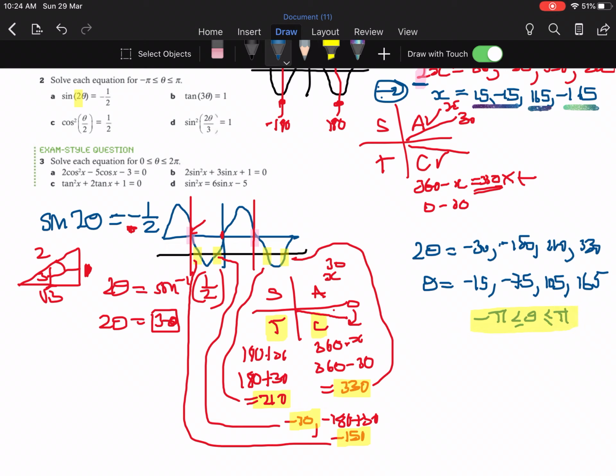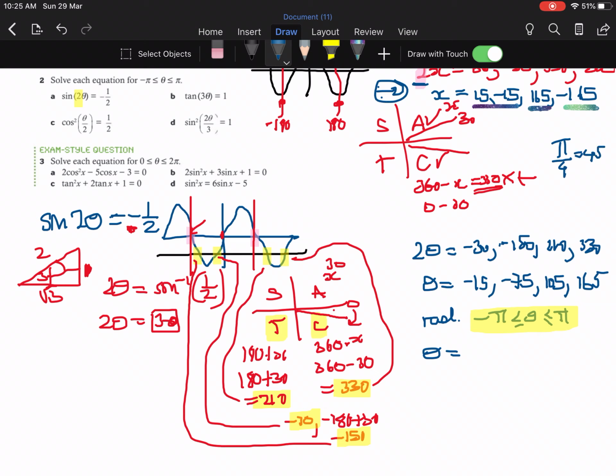However, if my range is in radians, which it is, then I need to give my answer in radians. So how do you write 15 in radians without a calculator? Well, you should know that pi by 4 is equal to 45.